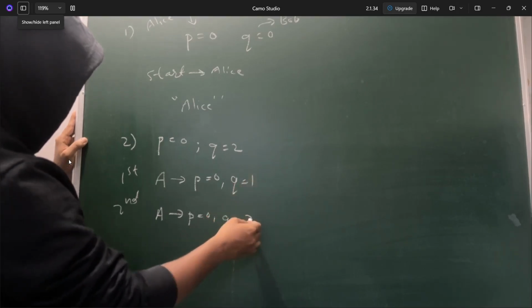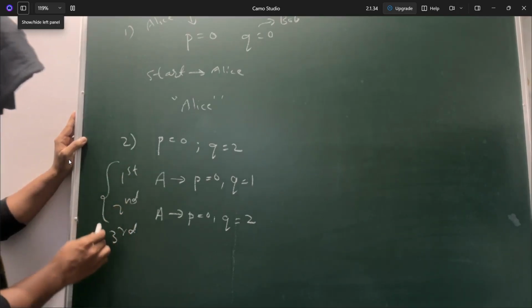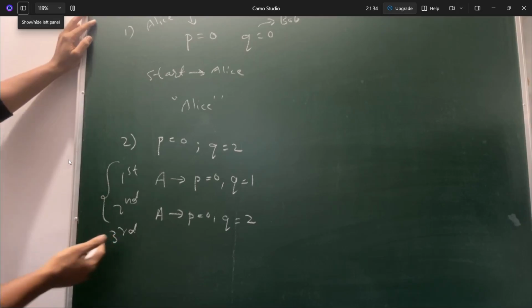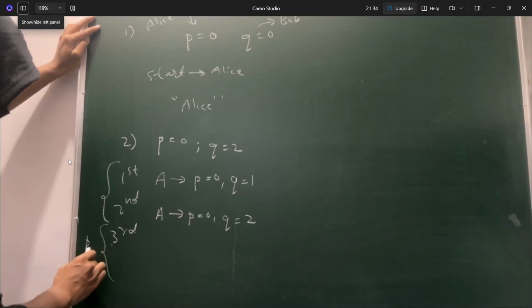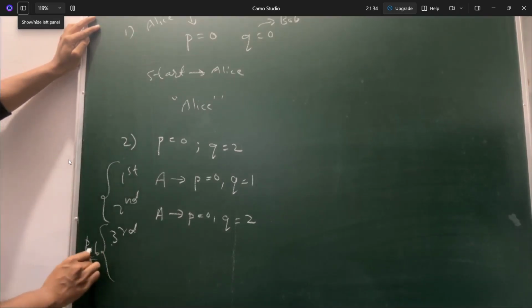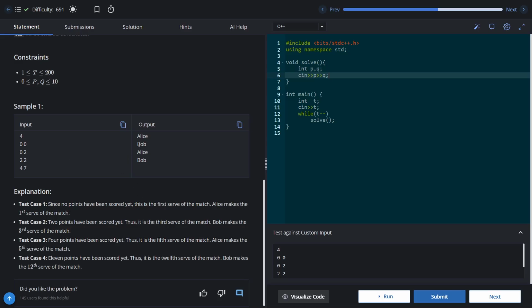It was 1, now it is 2. Now in the third serve, since in the question they have said two serves will be made consecutively, and two serves are done, the third serve will be done by Bob, right? So in this case our answer will be Bob. So yeah, the answer is Bob only. One more example let me take and try to understand.